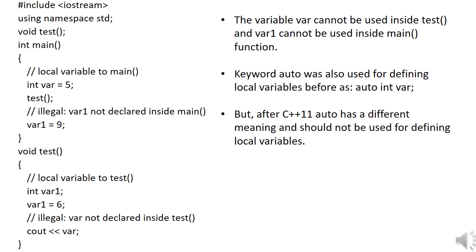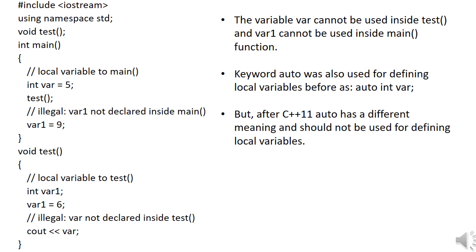This example will give you a clear idea about how a local variable works. Here you can see that inside the main function, I have defined a variable var with a value 5. Then in the function testof, I have defined a variable var1 with a value 6.